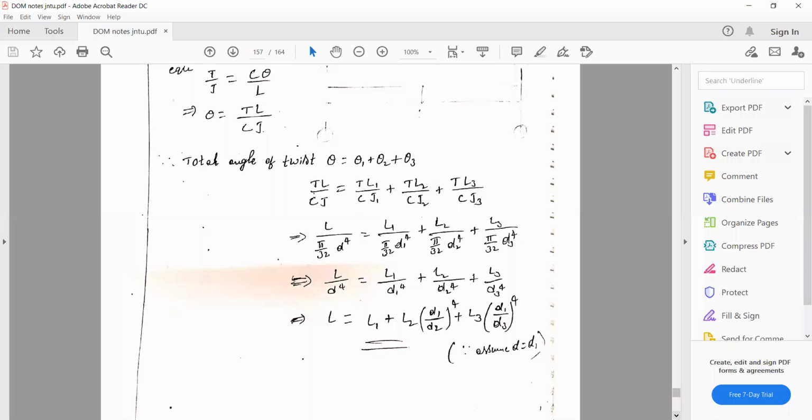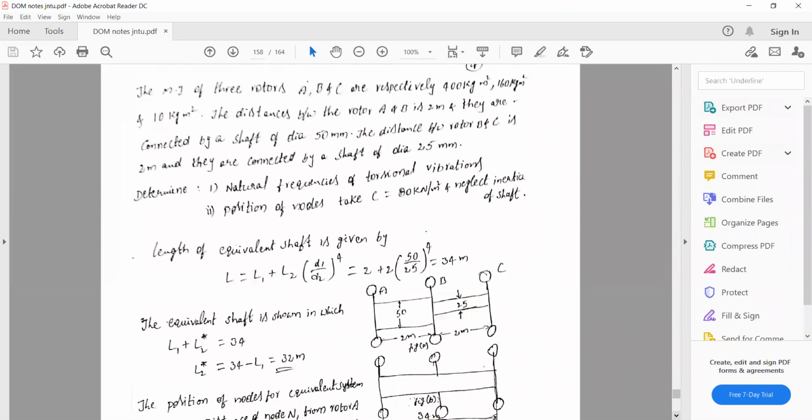We will make one problem. The moments of inertia of the three rotors A, B and C are respectively 4000 kg meter square, 160 kg meter square and 10 kg meter square. The distance between rotors A and B is 2 meters and they are connected by a shaft of diameter 50 mm. The distance between rotors B and C is 2 meters and they are connected by a shaft of diameter 25 mm.